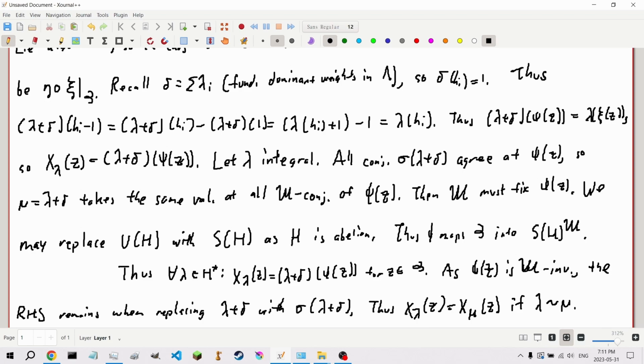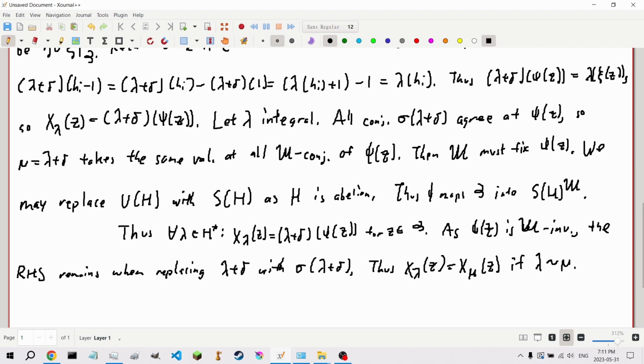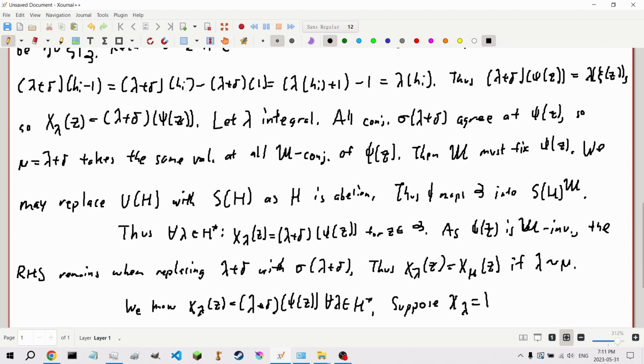Now, we now know that chi lambda of z is lambda plus delta of cz for all lambda in H star. Suppose that chi of lambda is chi of mu.